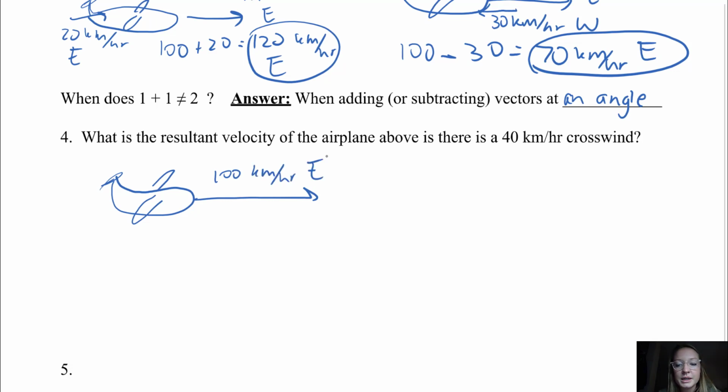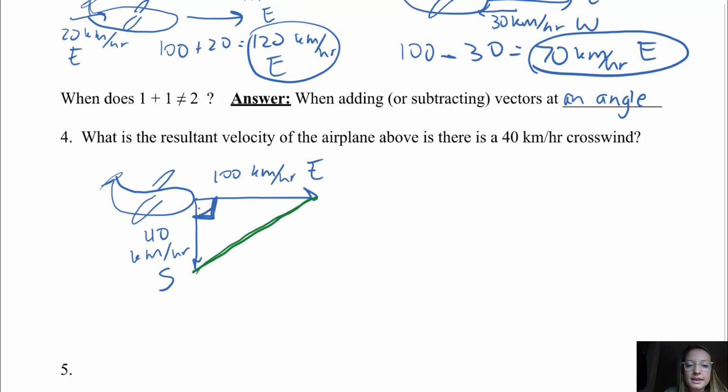But then let's say it's experiencing a crosswind. So something is pushing down on this airplane, and it's pushing down on the airplane with a great strength of 40 kilometers per hour south. So then what you're going to do is you're just going to draw a nice little line like this between them. See, they're at a right angle. You can see right here, this is a right angle here.